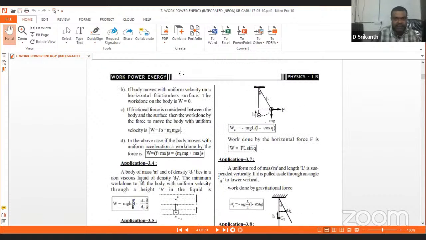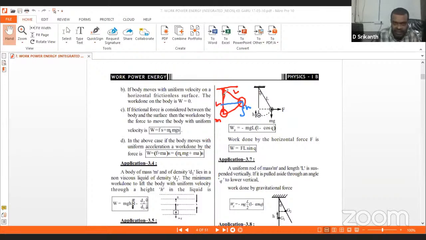Initially we have a bob of mass M. Whenever I apply a force, this bob will rise to a height. Whenever I apply the force, the length is L. Now I want to find how much height it is raised, this H.